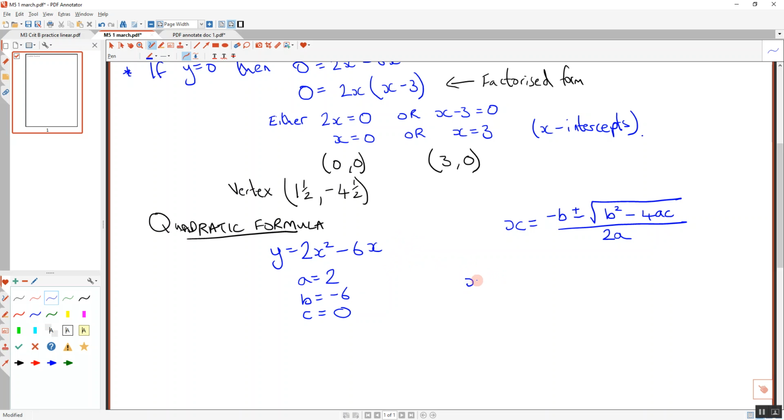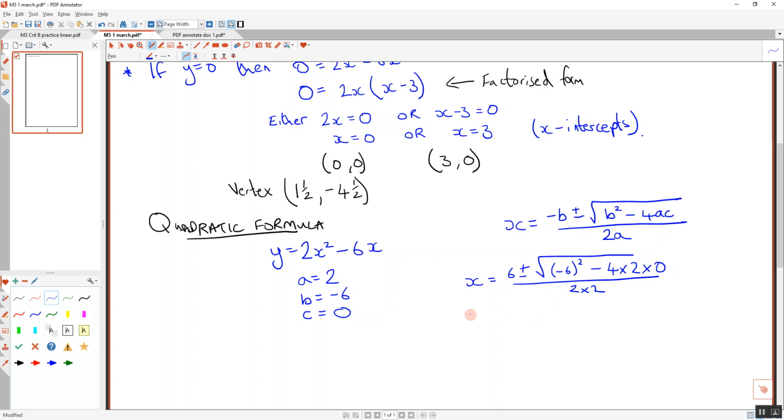So if I put everything into my formula, I've got negative b, which is negative negative 6. What's negative negative 6? Right. Plus or minus the square root of b squared, minus 4 times 2 times 0, all divided by 2 times 2.